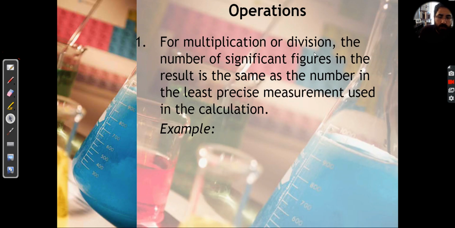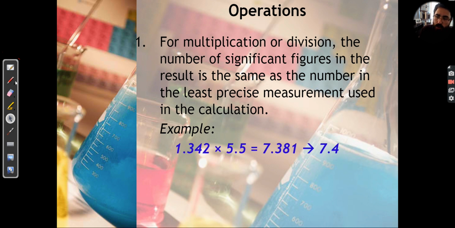So when multiplying significant figures, all you really need to care about is which one has the least amount of significant figures. This one right here has 4, this one has 2. So when we do the math, since this one has 2 sig figs, that one has the most uncertainty.